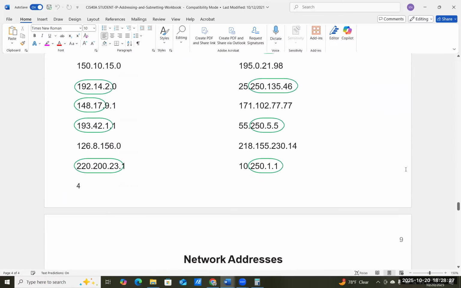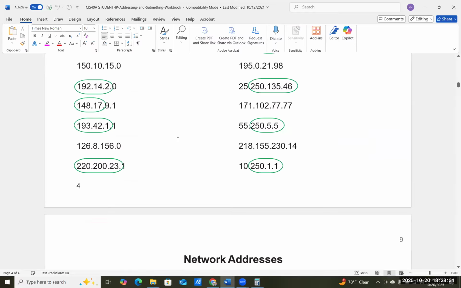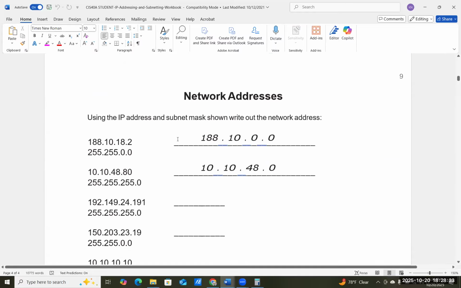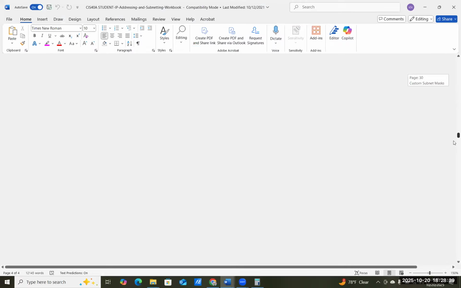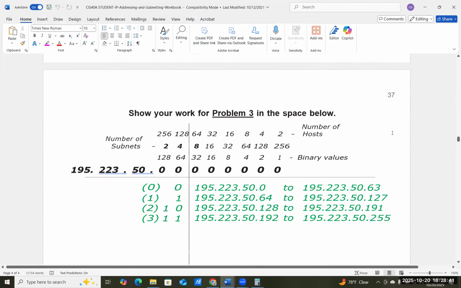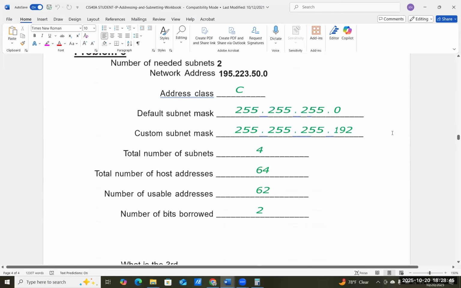So it walks you through how to identify network ID and host ID. So it's very useful. So you can go through and fill out some of the answers. But if you scroll down to the later part of the exercise, it actually walks you through how to subnet. Some of them already have the answer, so you can follow some examples.